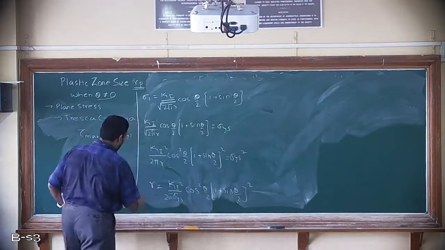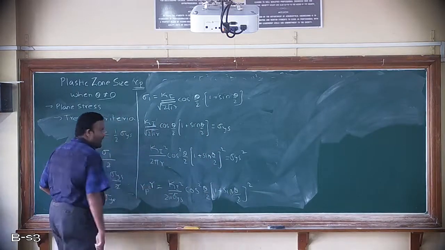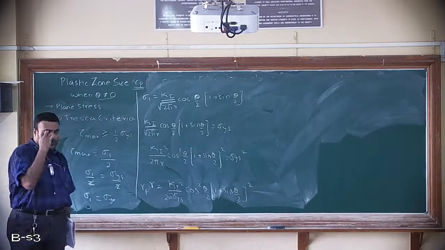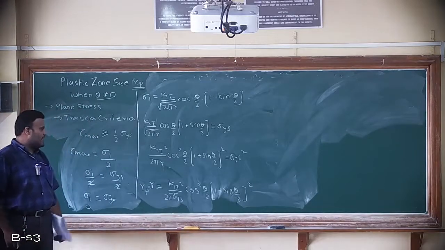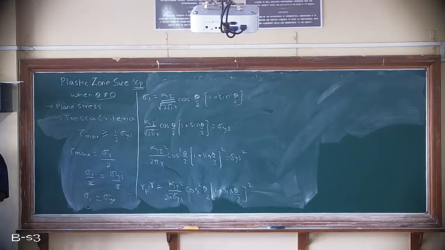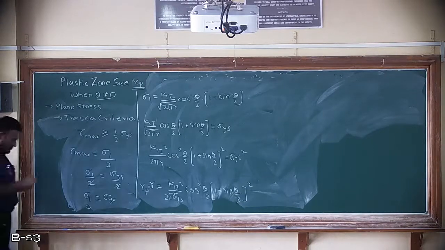So here again r is equal to rp and we get the plastic zone size. Rp is equal to KI square upon 2 pi sigma ys cos square theta by 2 into 1 plus sin theta by 2 the whole square. So this is about the plane stress condition. Next case we shall see for the plane strain condition.